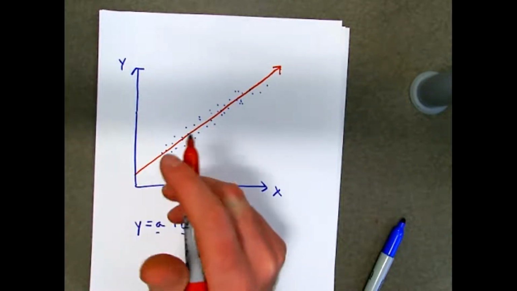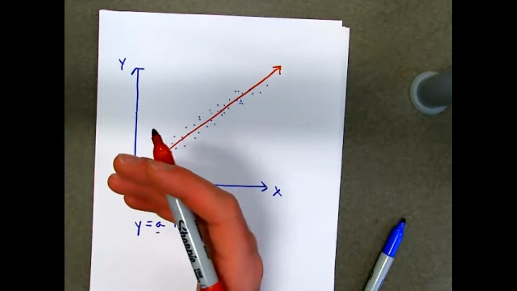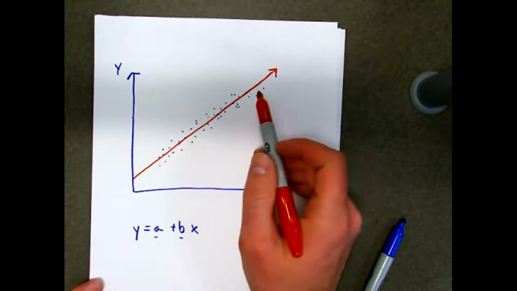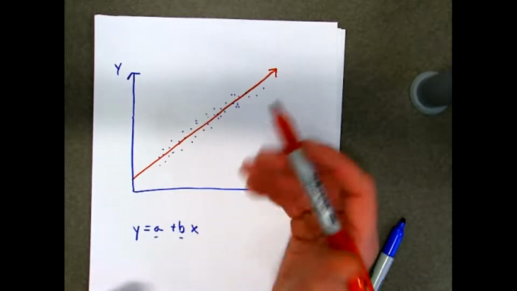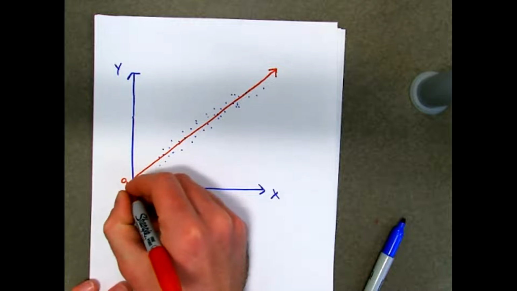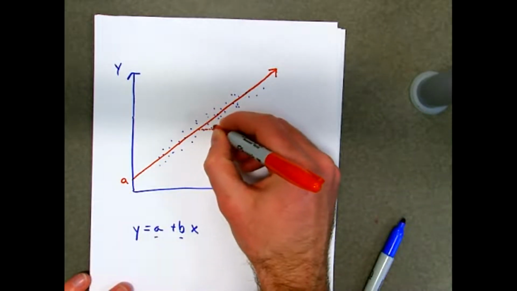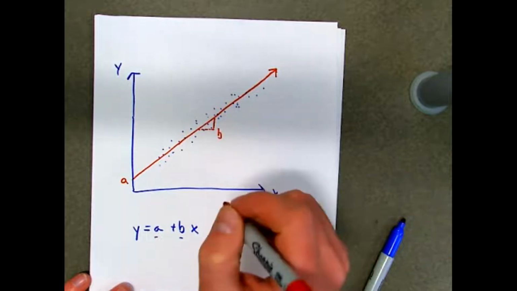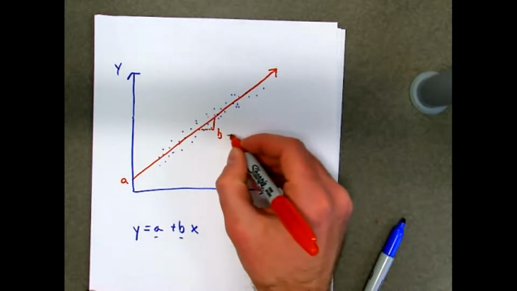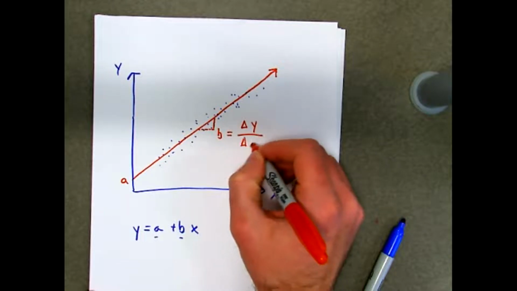I feel like in high school science, I remember ACT or something had it on there. But if I had a scatter plot, this line that best fits the data is going to give me a pretty good idea about what the relationship is between this X and Y variable. So that line will have an intercept A, and it will have some slope B. Now what that slope is, is my change in Y over my change in X.